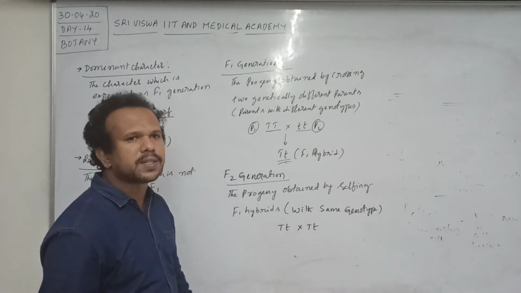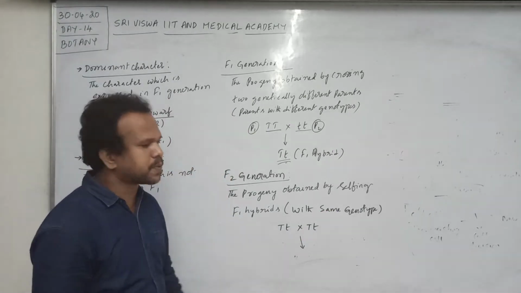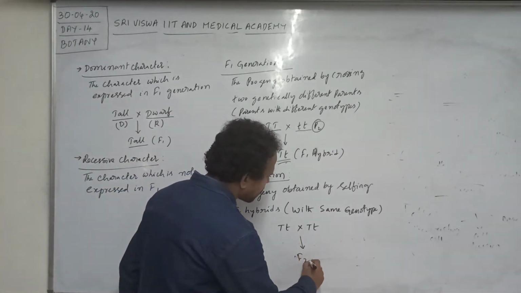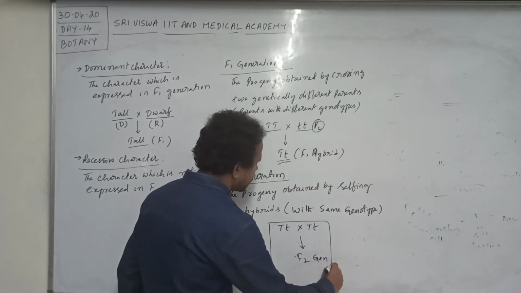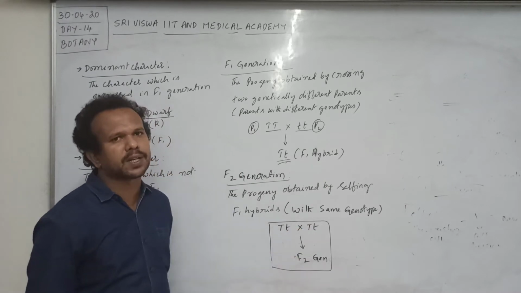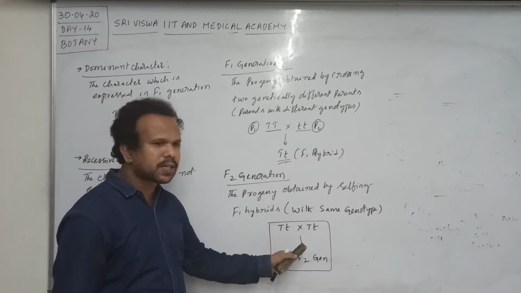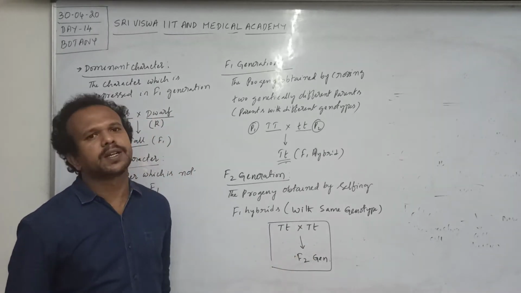Such a cross is said to be selfing. It results in the production of different types of genotypes. This one is said to be F2 generation. This one, capital T small t, represents F1 generation. When this F1 generation is selfed, it results in F2 generation.